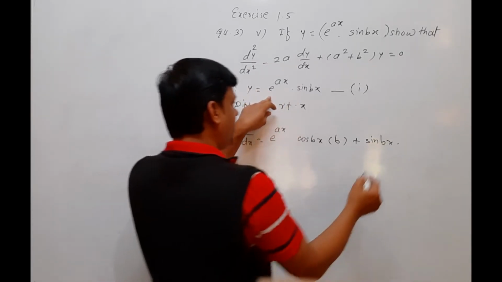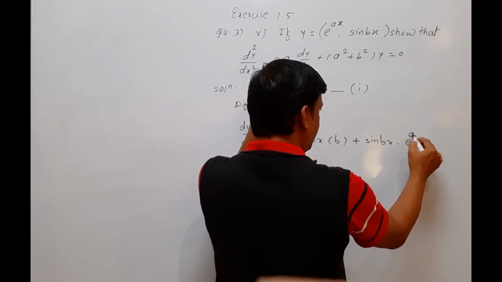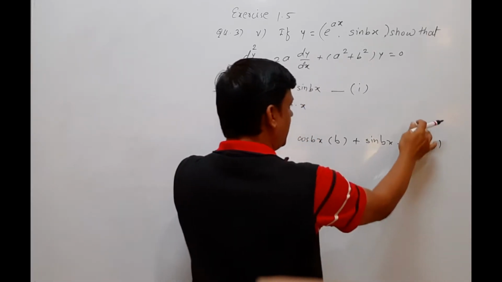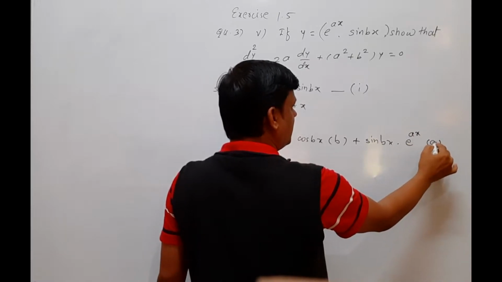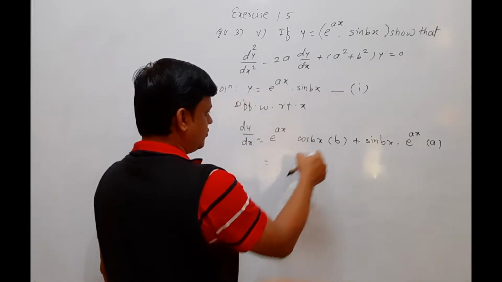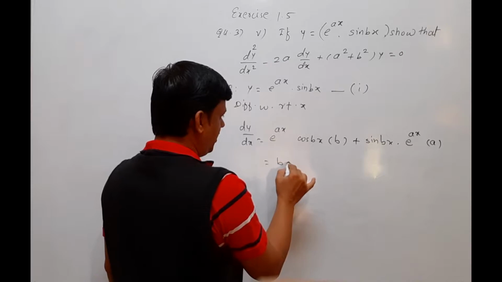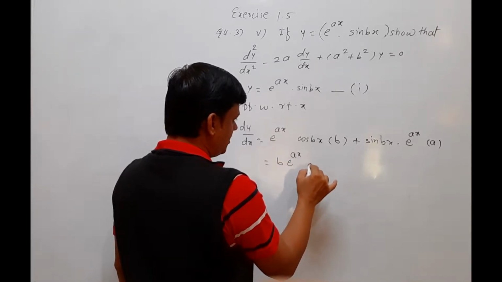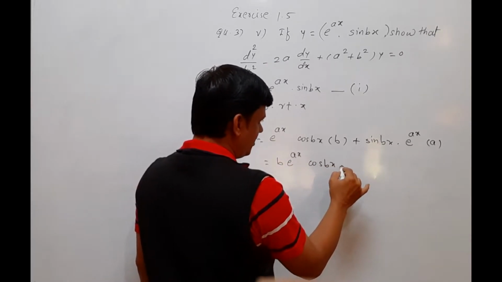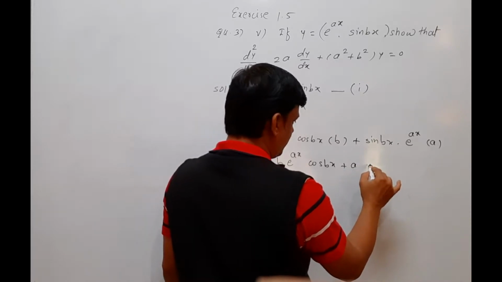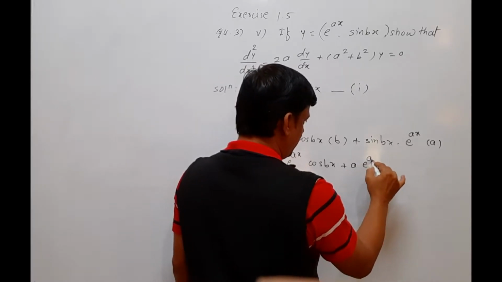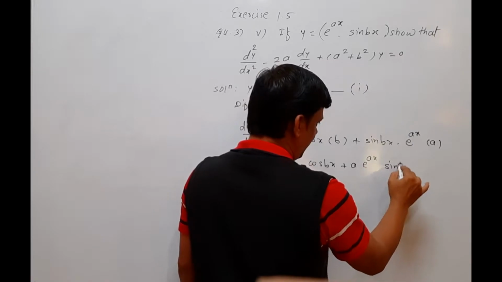So derivative of e raised to the power ax is e raised to the power ax into derivative of ax, which is a. So write this as b into e raised to the power ax cos bx plus a into e raised to the power ax sin bx.